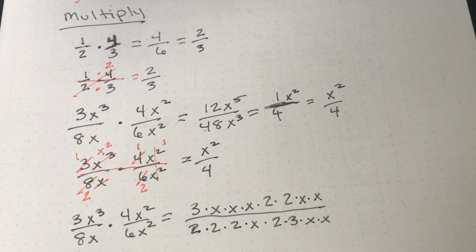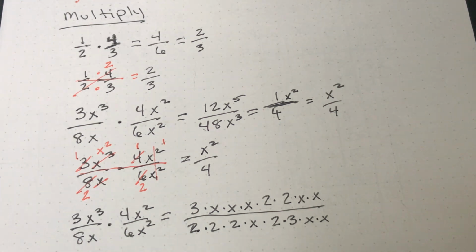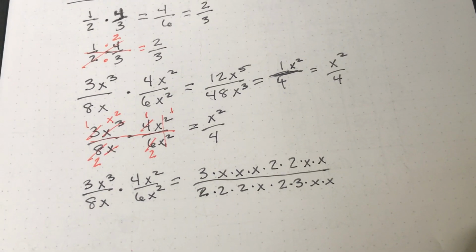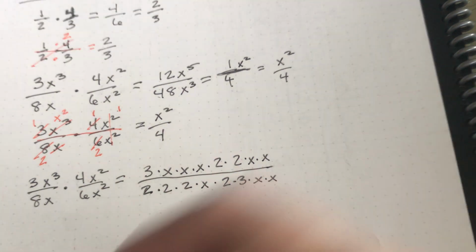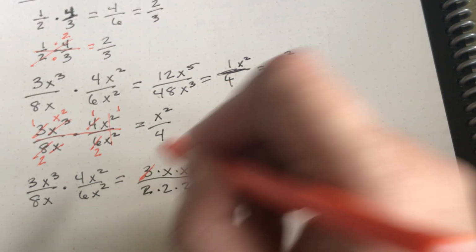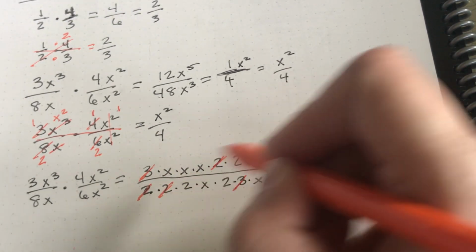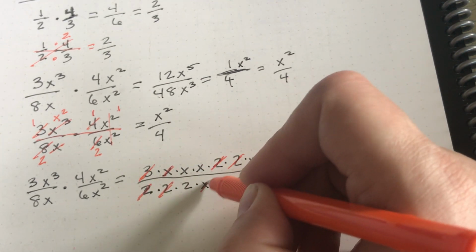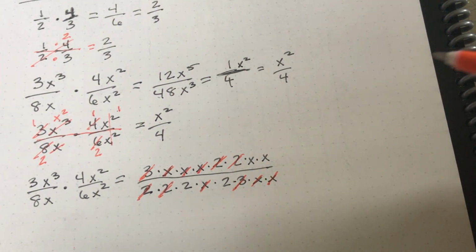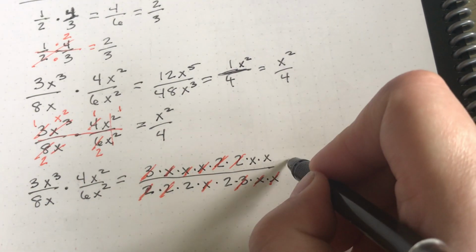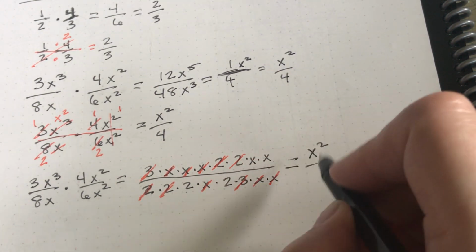So I've broken everything down into prime factors. And now I am going to cross out anything that's the same. So 3 and 3, 2 and 2, 2 and 2, x and x, x and x, x and x. And so I am left with 2 x's on top and 2 2's on the bottom.